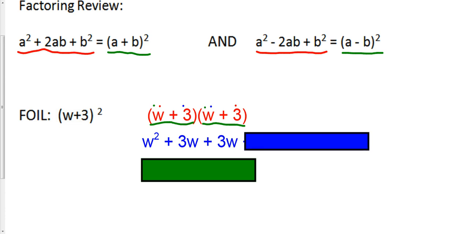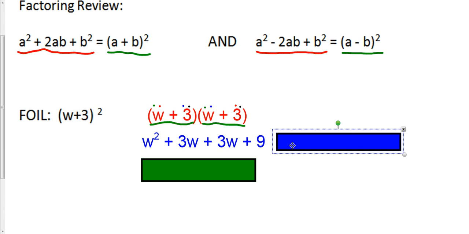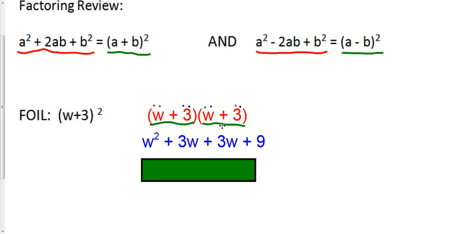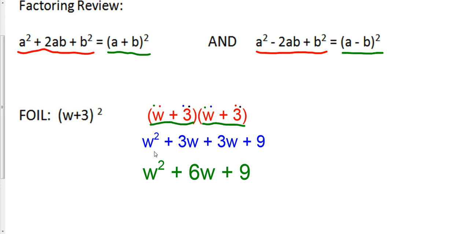And then the last numbers, 3 times 3, that would end up being 9. So that's, again, foiling it out. This piece times this piece would become this expression. Now, combining like terms, 3w plus 3w is actually 6w. So we can turn it into this expression.